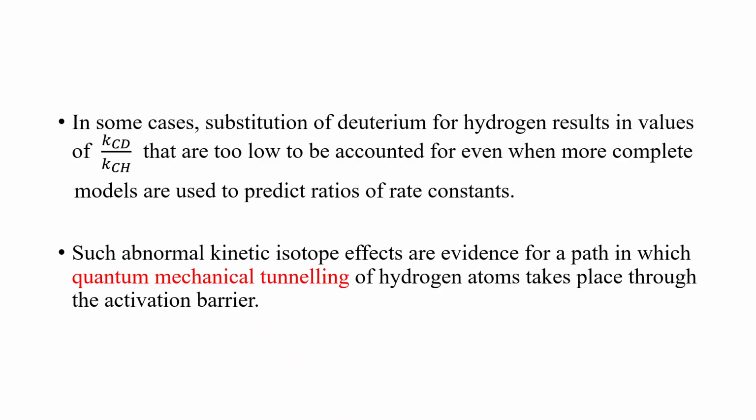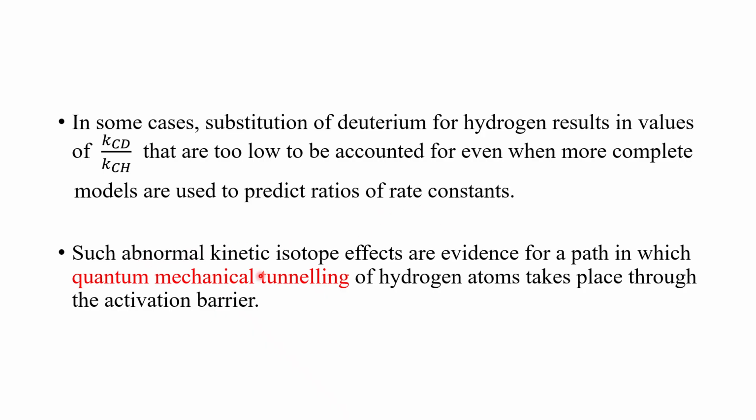However, in some cases, the substitution of deuterium for hydrogen yields a value of the ratio that is too low, the ratio of the rate constant for the deuterium substituted molecule to the rate constant for the lighter, unsubstituted molecule. So this ratio is too low, even when more complete models are used to predict the ratio of the rate constant.